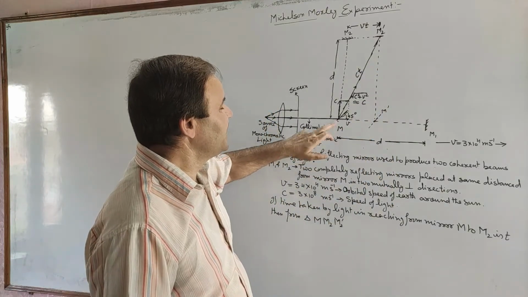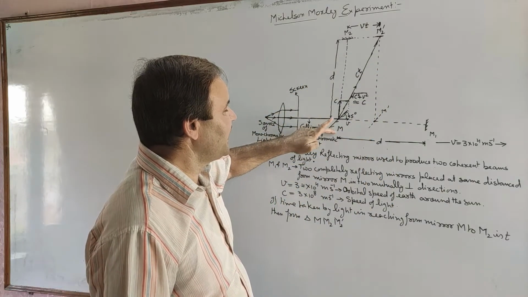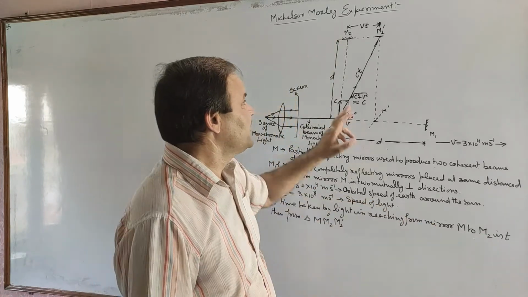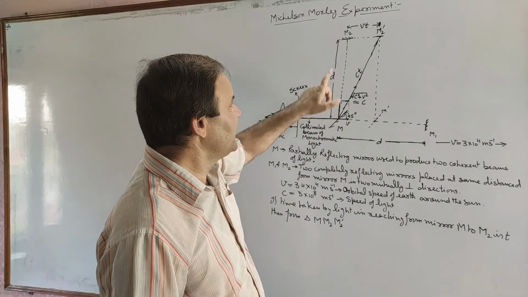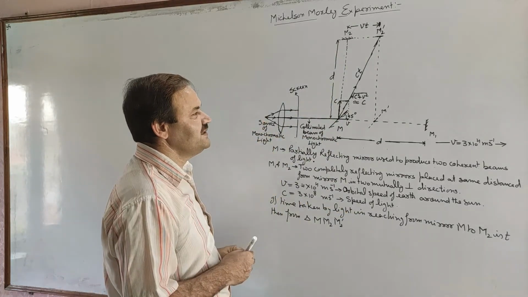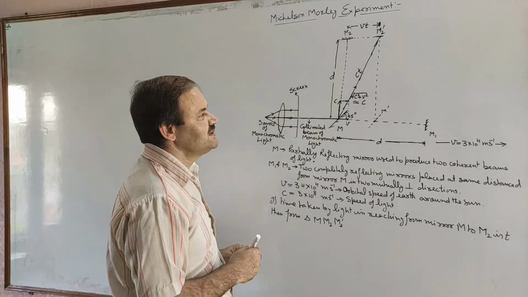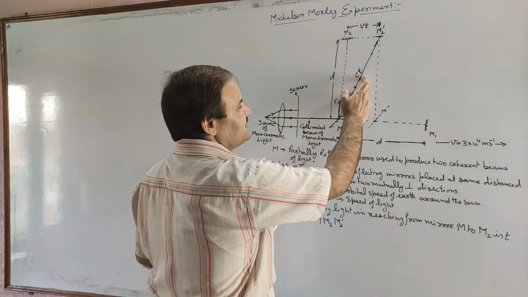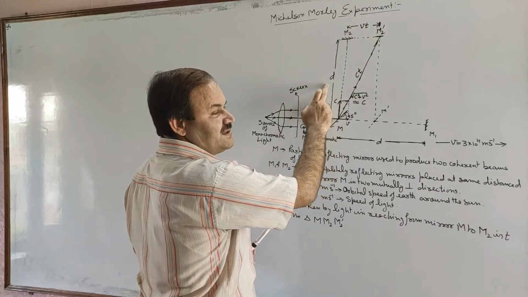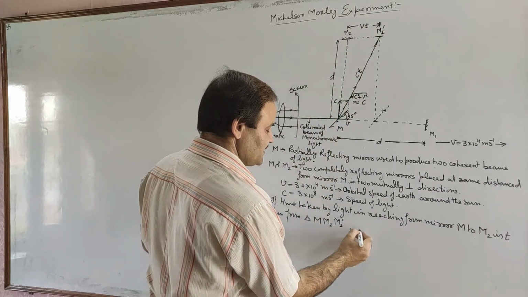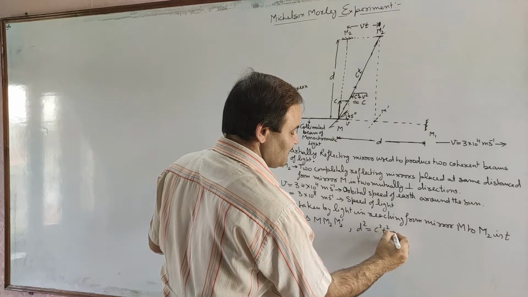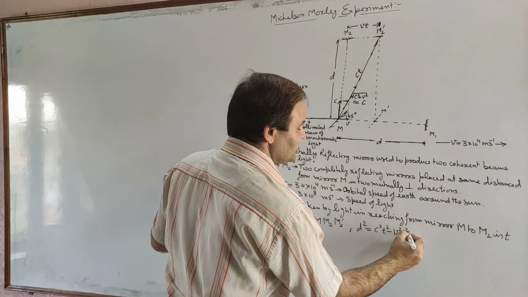So the time taken by light from mirror M to mirror M2, that is t, can be determined using the triangle M M2 M2 dash, and from this triangle by Pythagoras theorem, c square t square minus v square t square will be D square, that is D square is equal to c square t square minus v square t square.